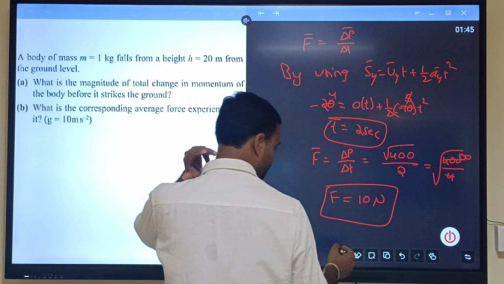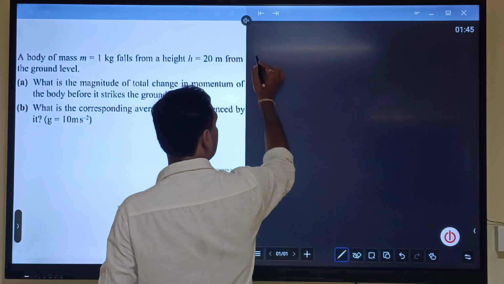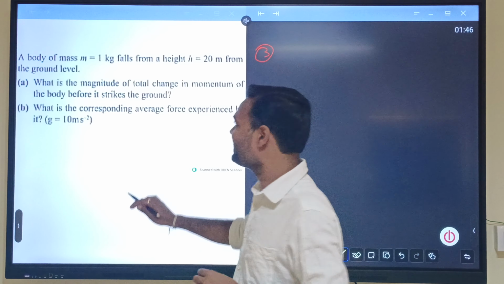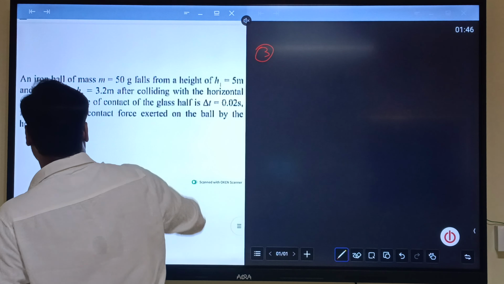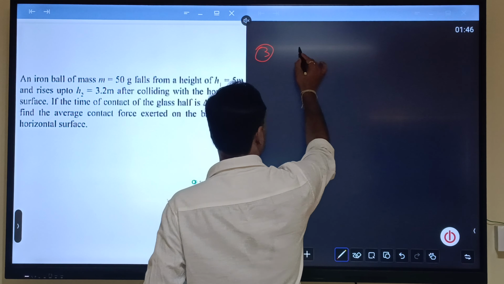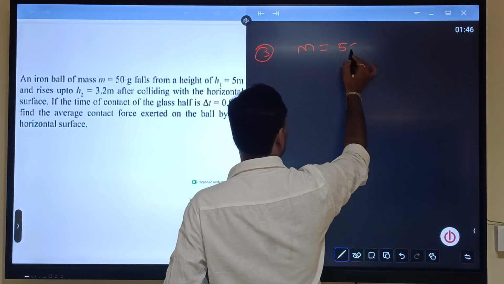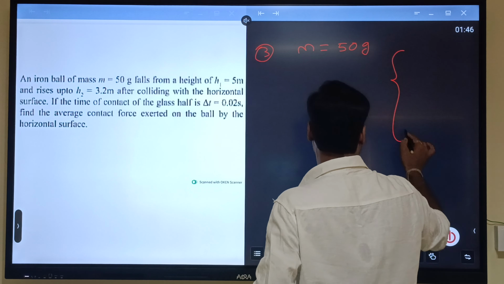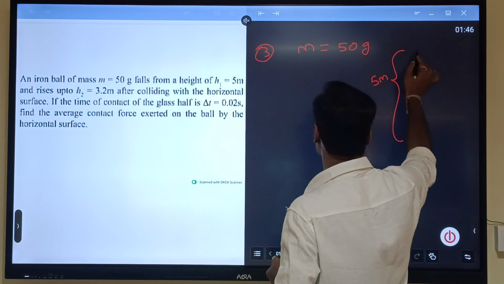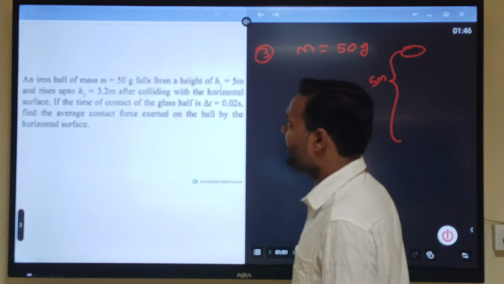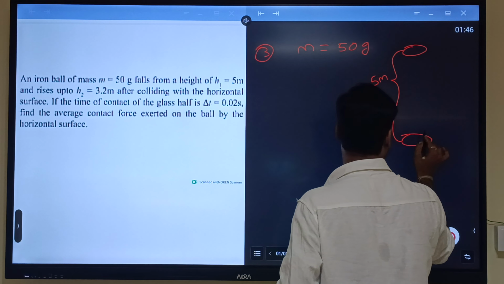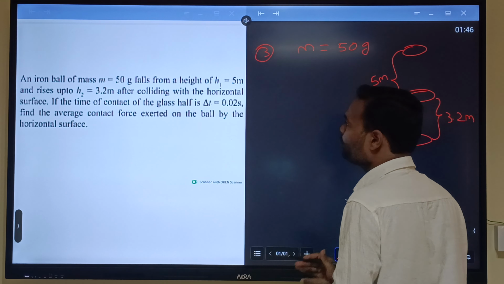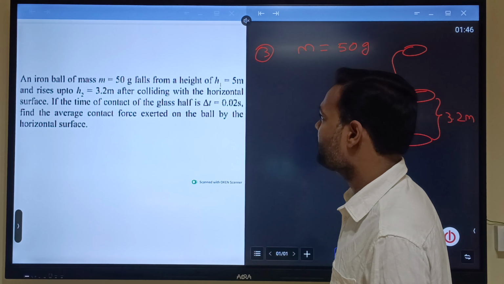Then see here, the third question. An iron ball of mass m is equal to 50 grams falls from a height of 5 meters and rises up to 3.2 meters after colliding with the horizontal surface.